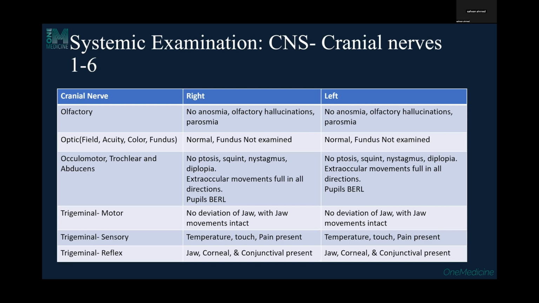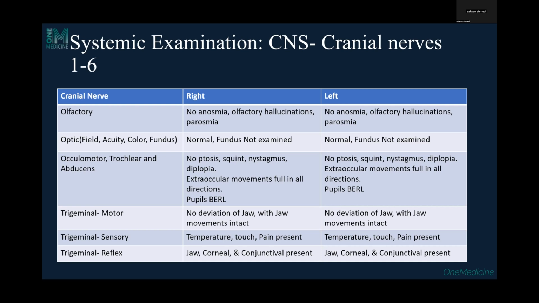If they are able to smell, that is enough. If you give coffee and they say it is a pungent smell, they cannot tolerate it, then it is parosmia. But if she is able to smell it, then it is normal. It is not anosmia or hyposmia. Most men will not be able to remember the smell.